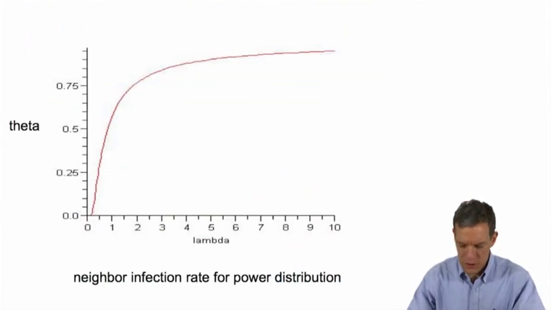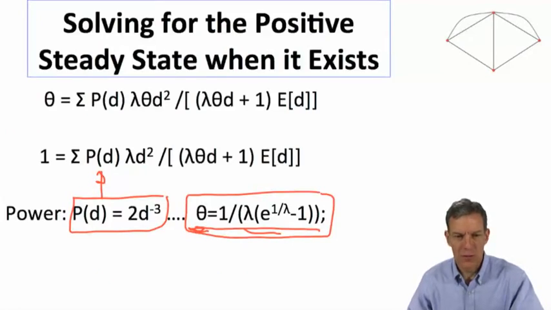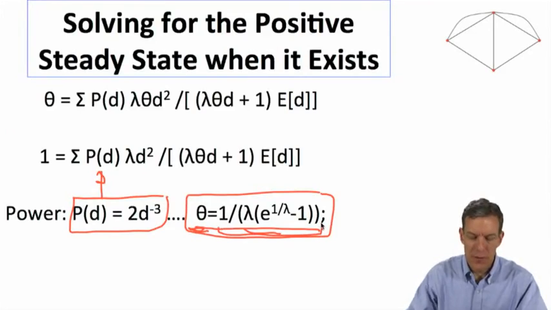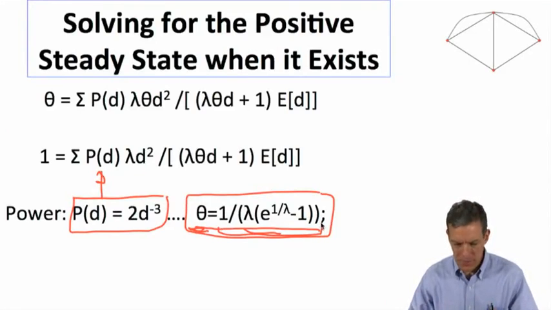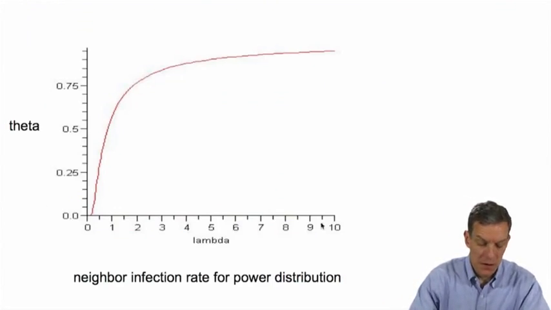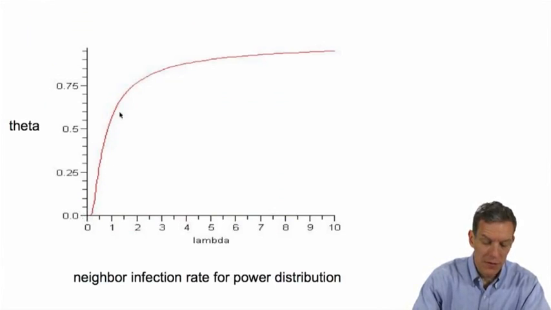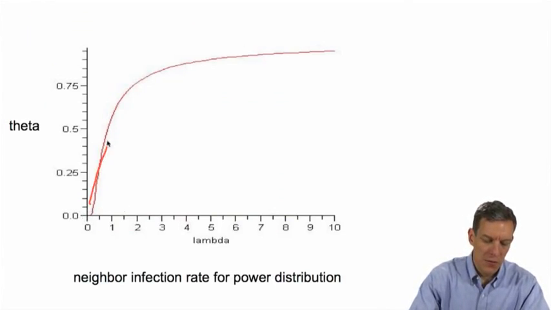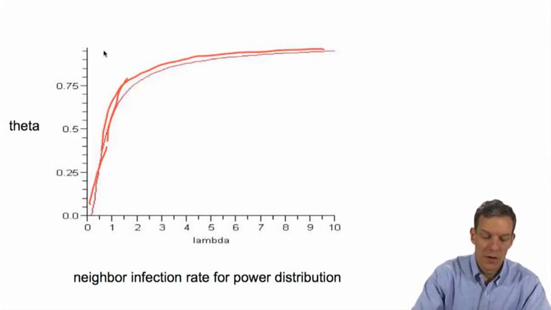So if you plot that function out, so we're just looking at this function right here, and plotting this function as a function of lambda. So how does it vary with lambda? And what we see is it's very rapidly increasing. So as lambda increases, we get a very rapid increase, and then eventually it asymptotes.